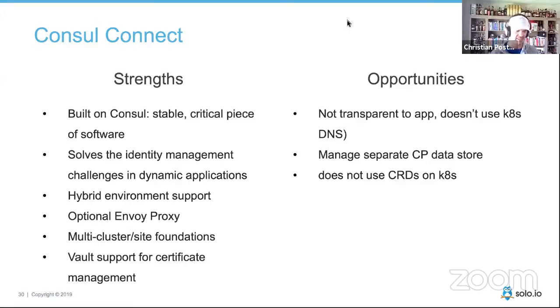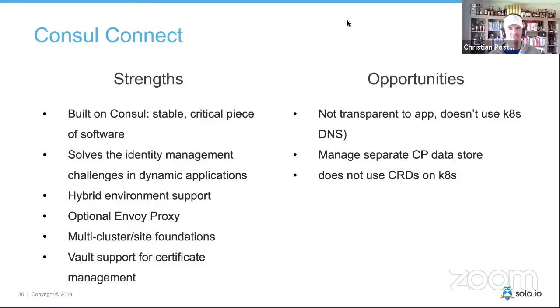And lastly, like Linkerd and some of the other service meshes attempt to be transparent to the app, the Consul service mesh is not. You have to use the model that Consul has set forward, which is talking to localhost. So if I want to talk to service A, especially in Kubernetes, I don't talk to HTTP service A. I talk to HTTP localhost on some port where I've mapped the ability to reach service A using Consul service mesh.